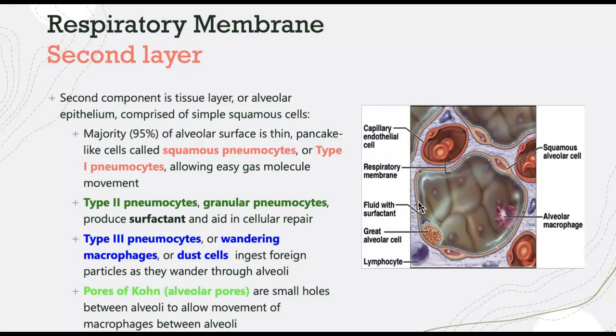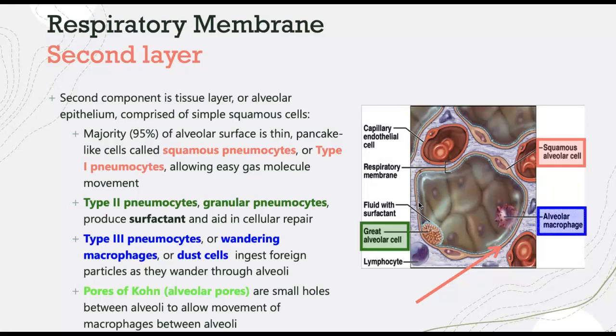The other cells we see here are our great alveolar cells, also known as type 2 pneumocytes or granular pneumocytes. These help to produce the surfactant that we find in the first layer and help aid in cellular repair.